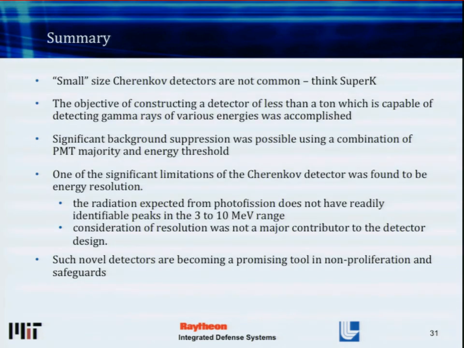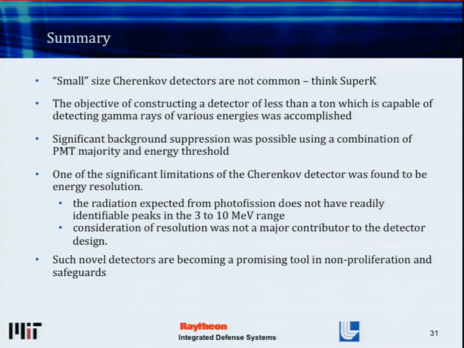So in summary, the small size Cherenkov detectors, and again I say small, but you can only call it small when you compare it to Super K or other detectors that we're used to. Small size Cherenkov detectors are not common. Think Super K. This is what we're used to. The objective was to construct a detector that is capable of detecting gamma rays of various energy, and not only detect them, but also discriminate between various sources, which we did successfully.